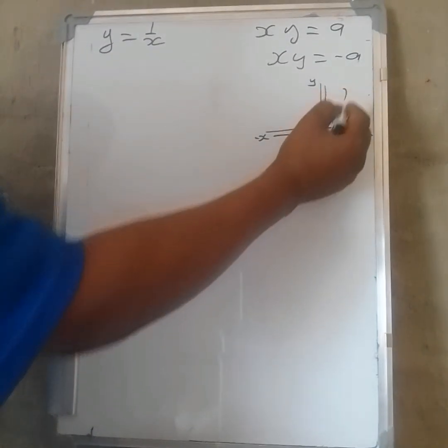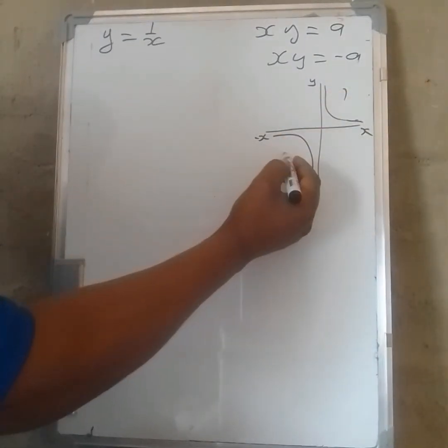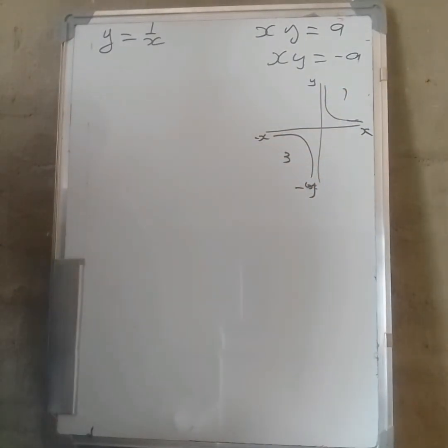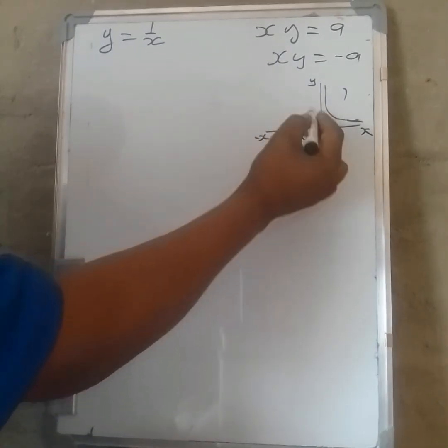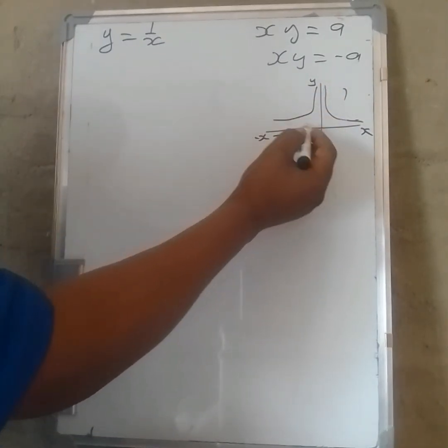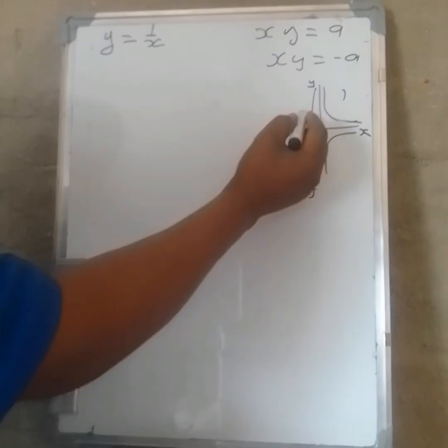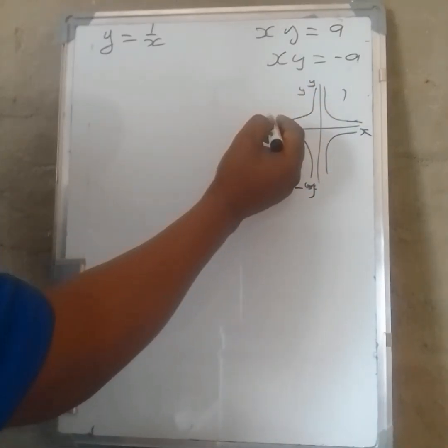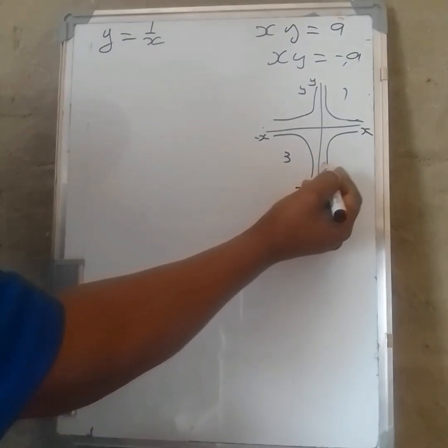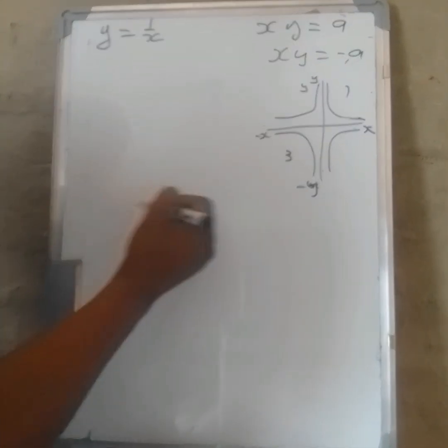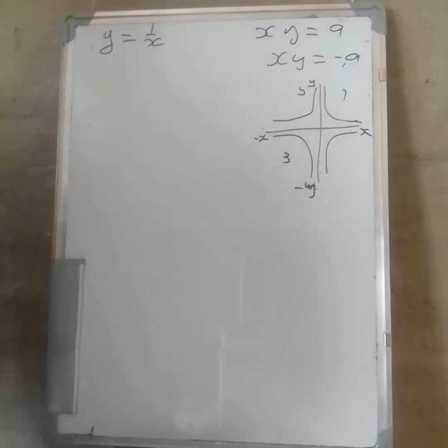So it would be quadrant 1 and quadrant 3. If a is negative, we are at quadrant 2 and quadrant 4. Why? Because y is positive and x is negative, or x is positive and y is negative, so we're going to get a negative a.